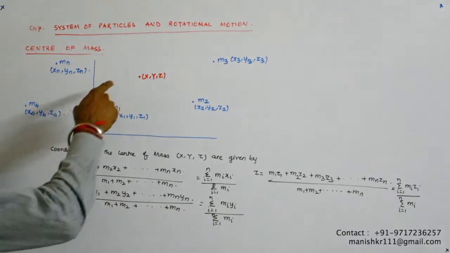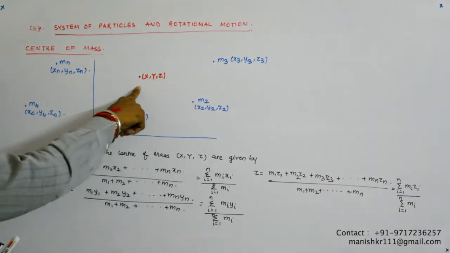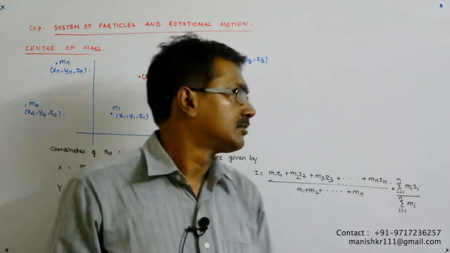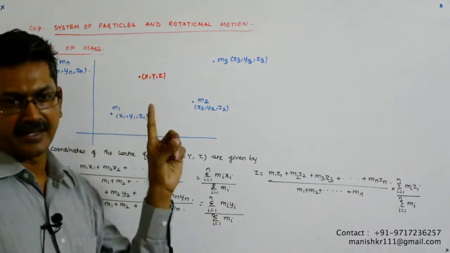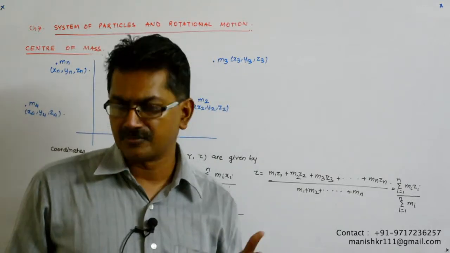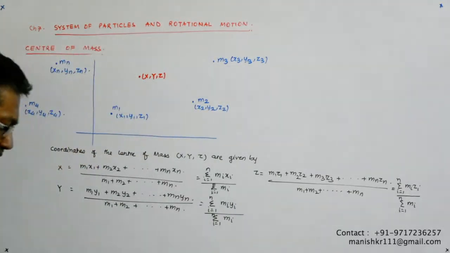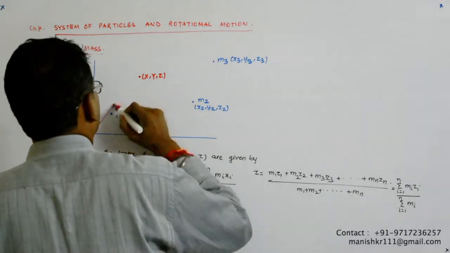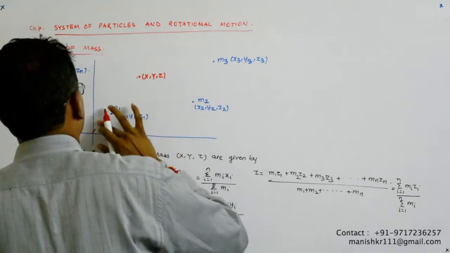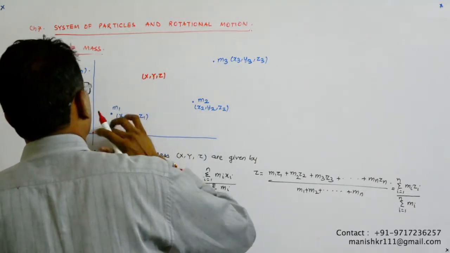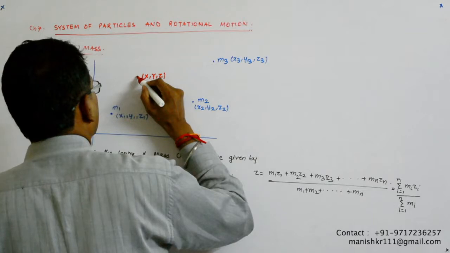What if, instead of the 3 points x, y, z, I want it in terms of the position vector? What is the position vector of my center of mass? So position vector is what? Position vector is this vector, right?